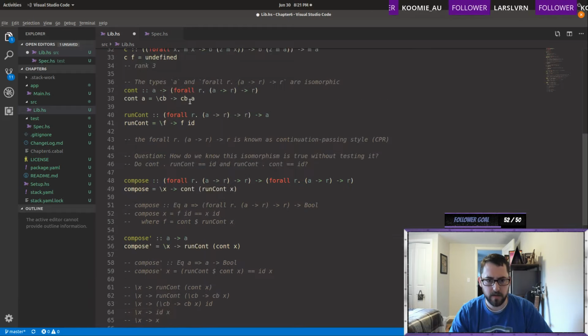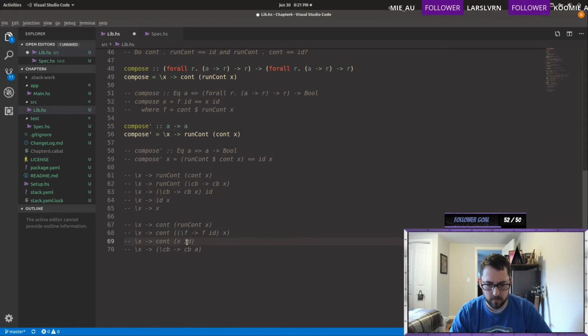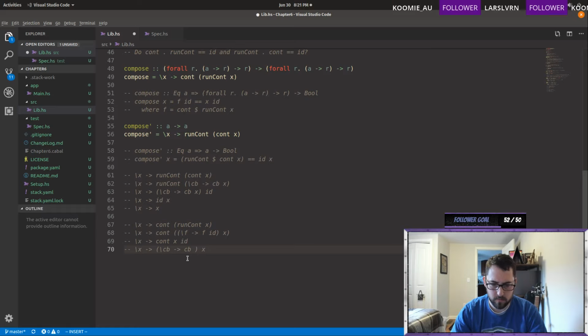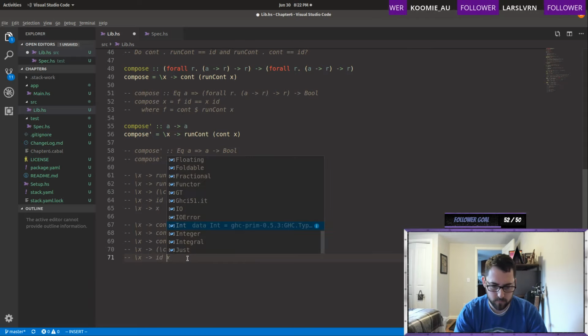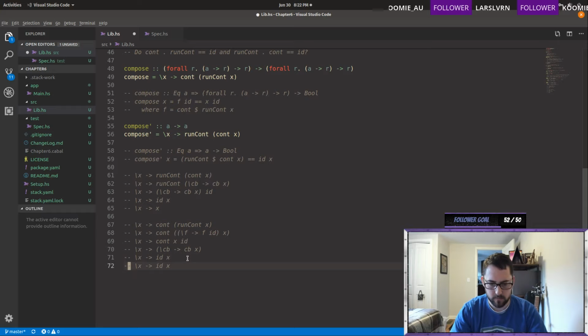It takes A and the callback. Yes? So A and the callback. So you just insert X here. And the callback is id. So id X. X?